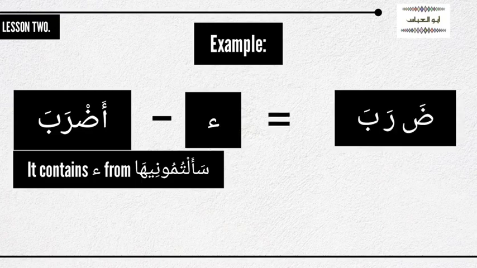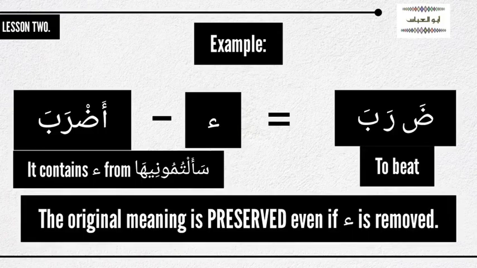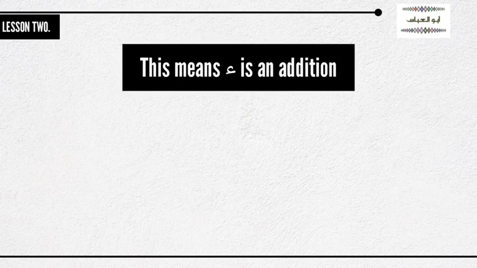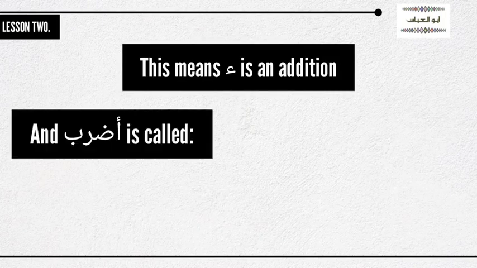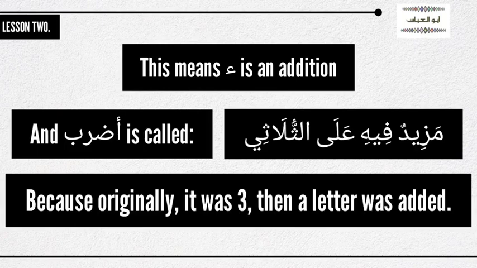And da, ra, ba means to beat, which is the original meaning. It means that the original meaning is preserved even if I take out the hamza. It means hamza is an addition, and I will call adroba mazidun fihi ala thulathi, because originally it was 3, but 1 letter was added. So I'll call it al-mazidu fihi ala thulathi.